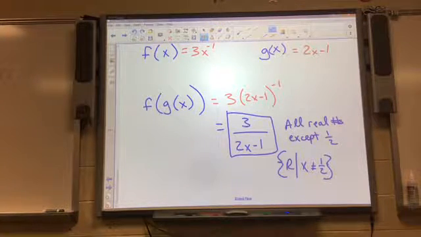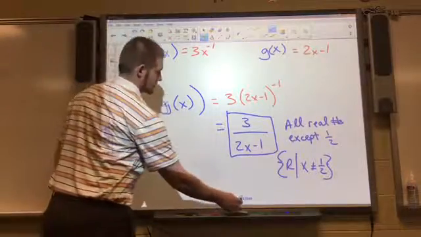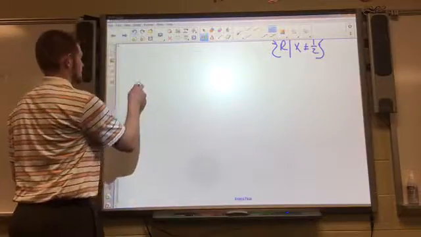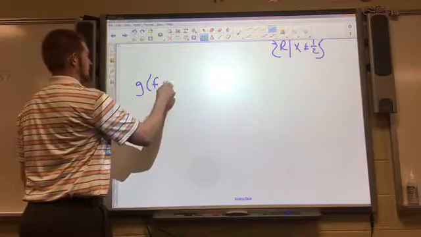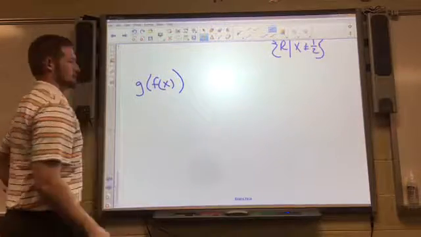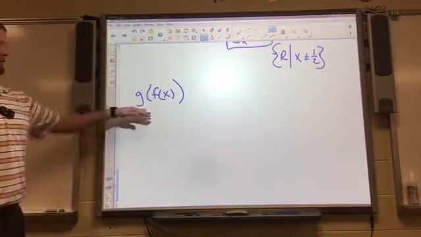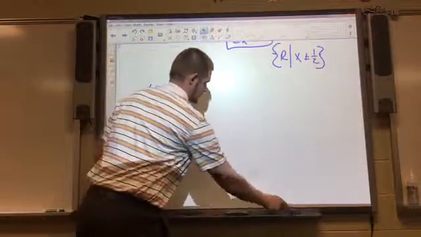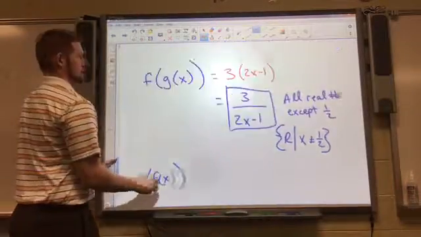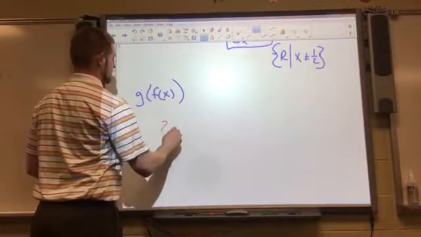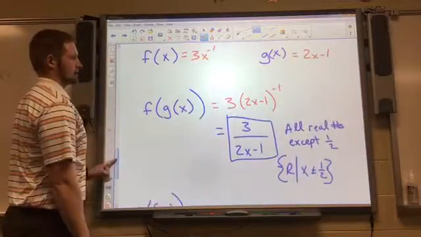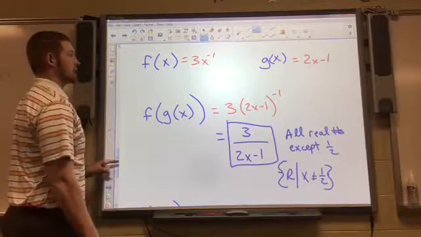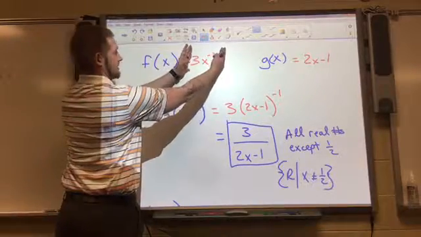What if I wanted g of f of x? So actually in this case I start with which function? I start with g of x, which is 2x minus 1, correct? So I start with 2, but instead of x, I plug in my f of x. So I plug in that whole thing, right?